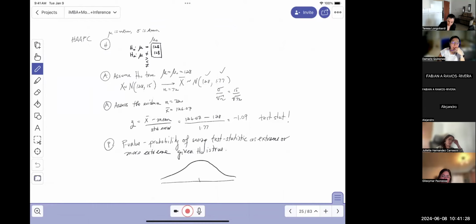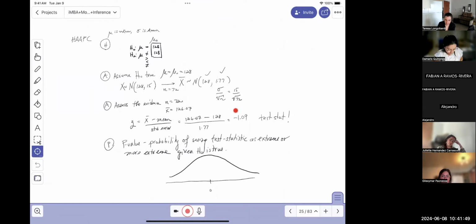Put it like your Z distribution. I don't know. Not doing a great job right now. Okay. And I'm going to plot the thing I calculated. It's going to be like here.